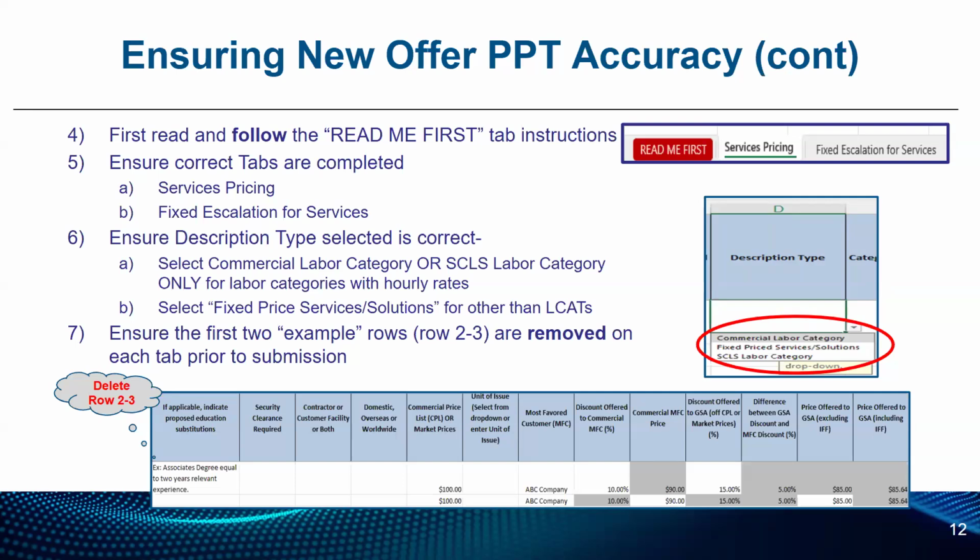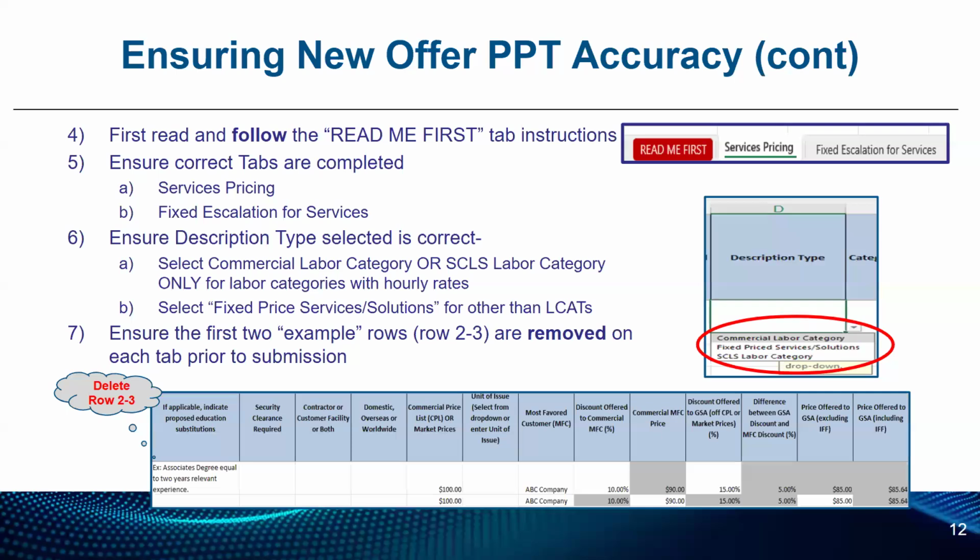Make sure that the description column type is correct. This is a big one, one we often see issues with. If you have an SCLS labor category, then you have to choose SCLS labor category from the drop-down menu.